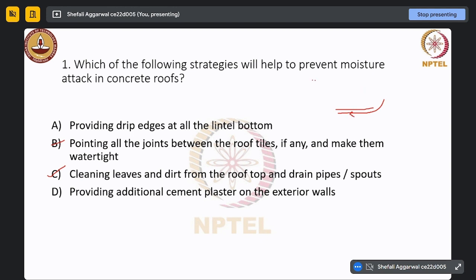But will it help in taking away the water from the roofs? No, the lintel wall is quite a little bit below the roof area. So even if we are providing drip edges at the lintel bottom, it won't help us to take away the moisture from the roof. So it won't be a correct answer. So the correct answers are B and C.